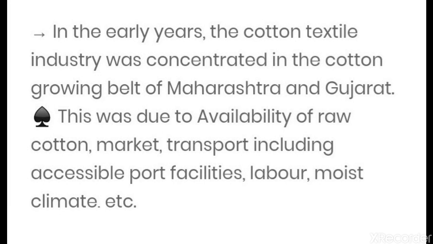That is why in the early years the cotton textile industry was mainly concentrated in the cotton growing belt of Maharashtra and Gujarat. So, the question along with the answer: you have to write the locational factors. First is availability of raw cotton, then market facilities, transport facilities, port facilities, enough cheap labor, and a moist climate.